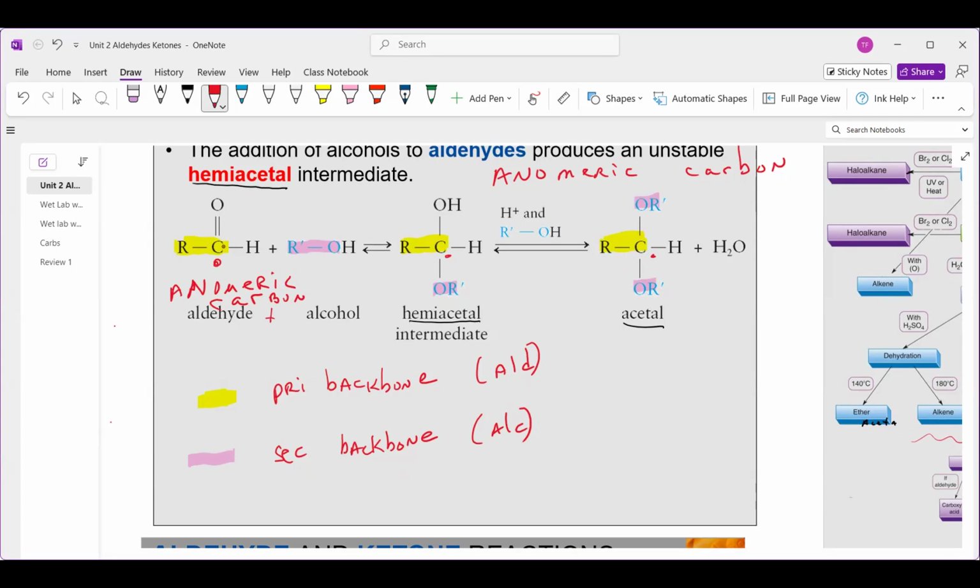And because that's the most reactable part of the molecule, is that carbon. The other carbons are very, very stable. Not that one, though. Okay. So whenever this happens, we end up going from an aldehyde to something called a hemiacetal.